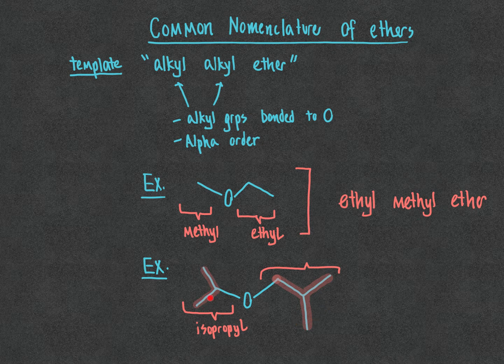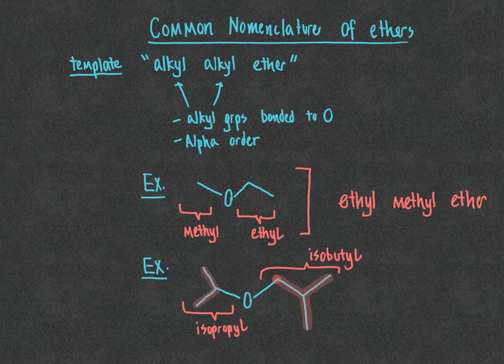In the case of the isopropyl, having that branch at the next to last carbon of the chain caused this to be called an isopropyl group because there are 3 carbons total. Here there's 4 carbons total, 1, 2, 3, 4. With that methyl branch at the next to the last carbon of the chain, this is referred to as an isobutyl group, where the iso term designates that there is a methyl group at the next to the last carbon of the chain when we're at the far end of the chain. This being the far end because it's furthest from the oxygen, which is the origin of the start point of the chain.